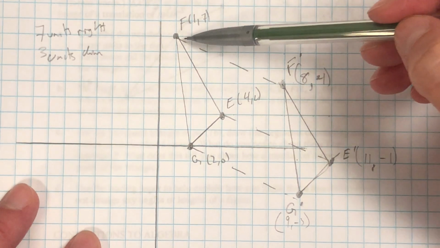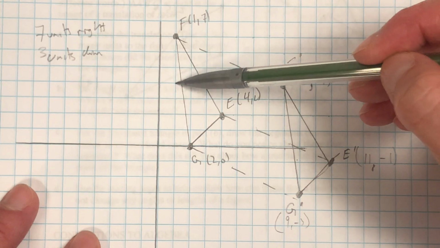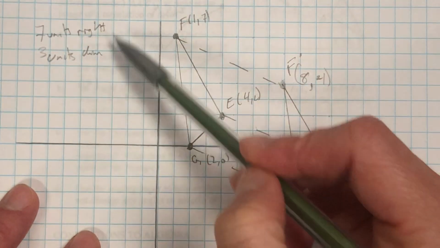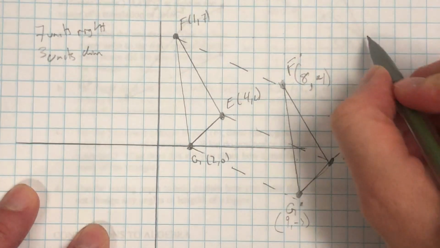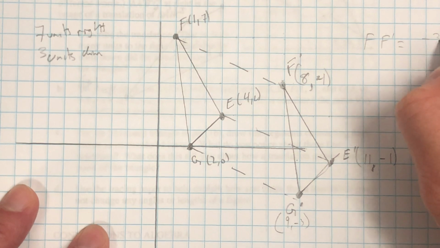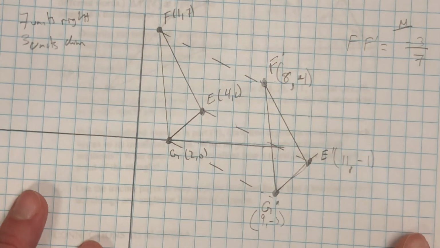So what do I notice about this? I'm going to find my slope again. So I'm going to go down 1, 2, 3, then 1, 2, 3, 4, 5, 6, 7. Oh, look at that. It's the same information. So F to F prime, I went down 3 and then over 7 for my slope, m for slope.